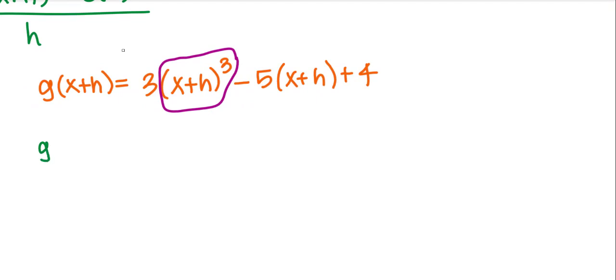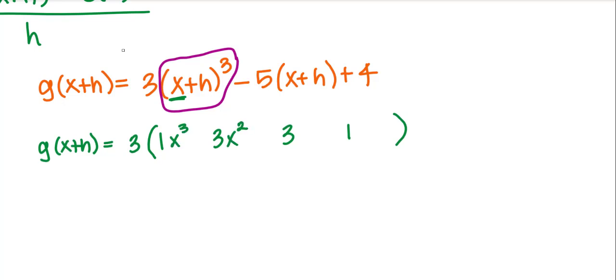So I've got g of x plus h. I still have this 3, which I'll distribute when I'm done. And it's 1, 3, 3, 1. Then your first term is going to be the descending power, so this will be x cubed, x squared, x, and then no x. My second term in that binomial will be ascending: no h's, h to the first, h squared, and then h cubed.